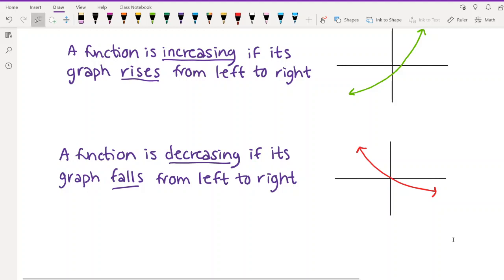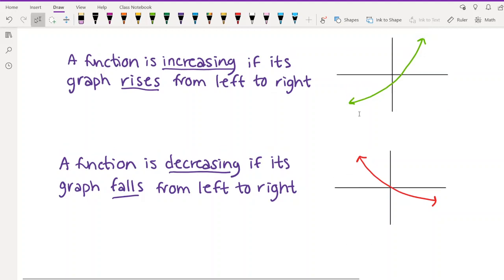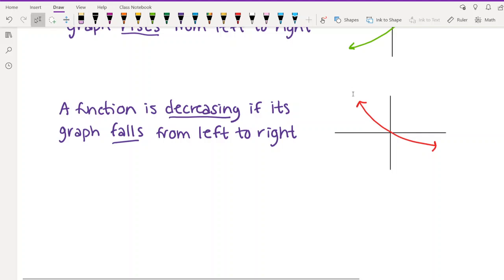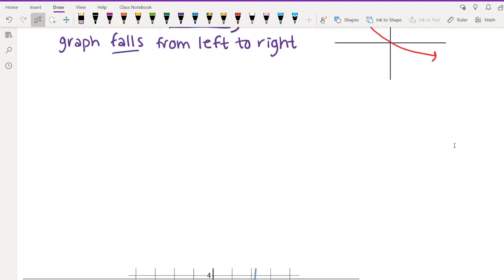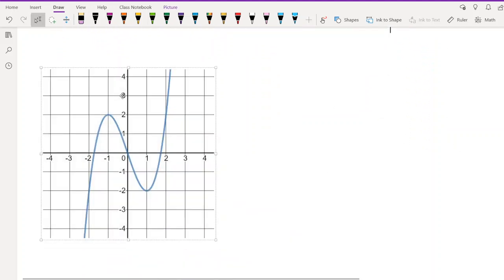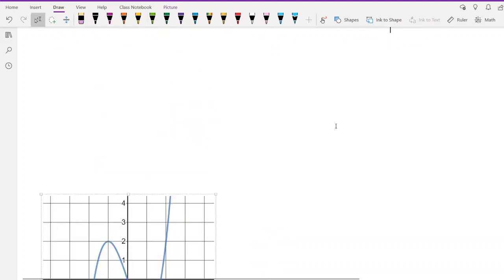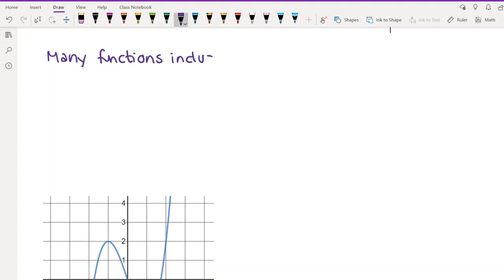Okay, so these graphs that I sketched here are examples of functions where the whole function is increasing in the first one, and in the second one, the whole function is decreasing. But most functions, or I'll say many functions, include both increasing and decreasing parts.